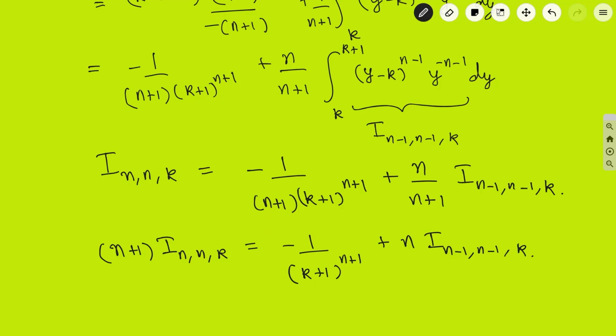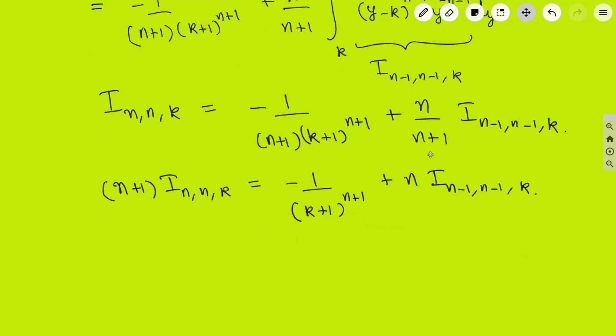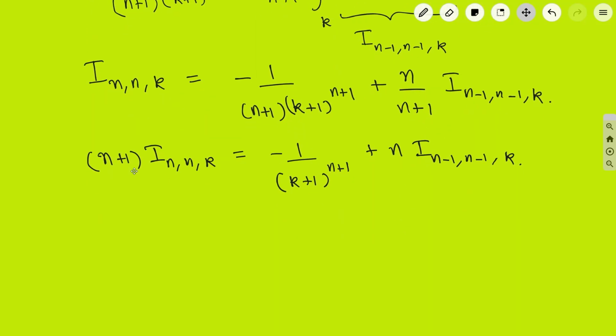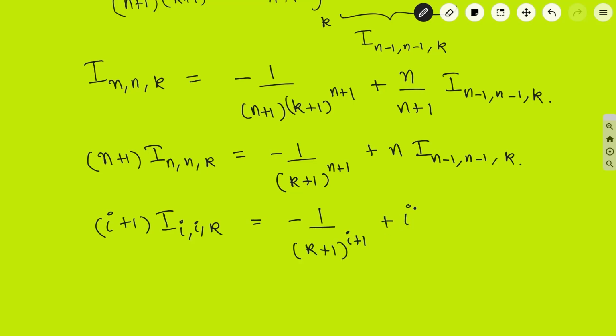Now what's the next step here? Let's make this n a variable i. I'm just changing the n to i, and you will see why I'm doing this. So what you need to do is make this i plus 1, and this i minus 1, and then k.